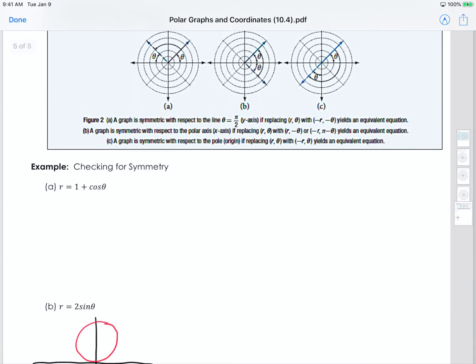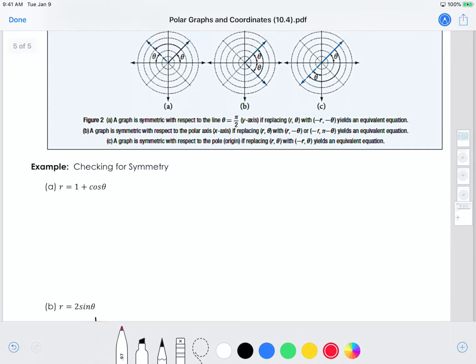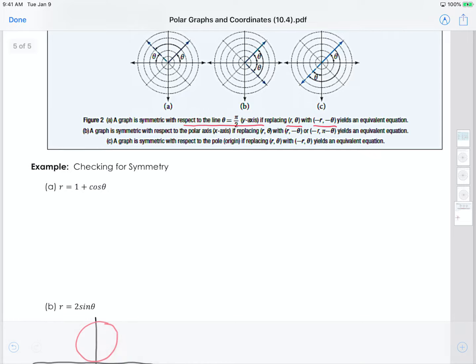So I'm going to come up here and look at my rule. And my rule says if I want to check for symmetry about the line theta is equal to pi over 2, I'm going to replace r and theta with negative r and negative theta.